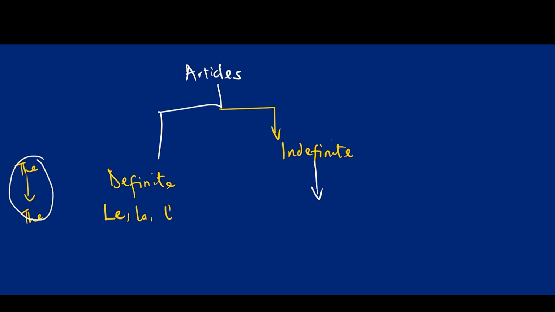Look at the indefinite articles. The indefinite articles for French are un and une, just like your a and an. Here, un is for masculine nouns, while une is for feminine nouns.